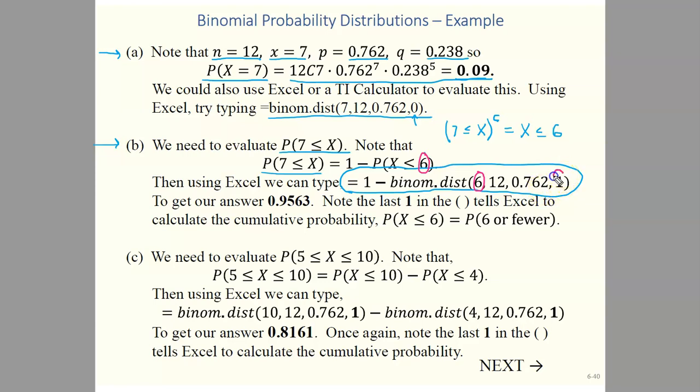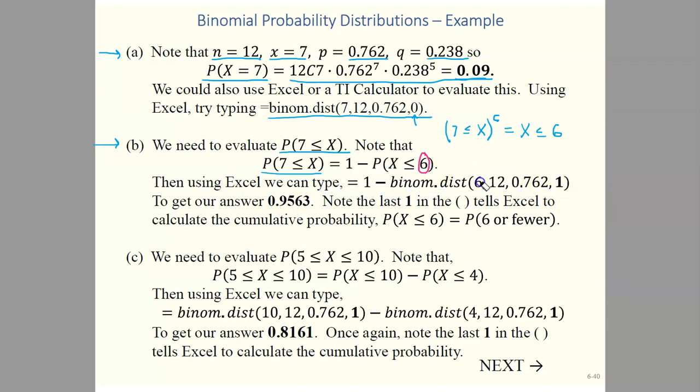Now notice we put a 1 here now instead of a 0. That will give us a cumulative probability distribution. So by putting a 1 here, this gives us the probability of 6 or fewer.